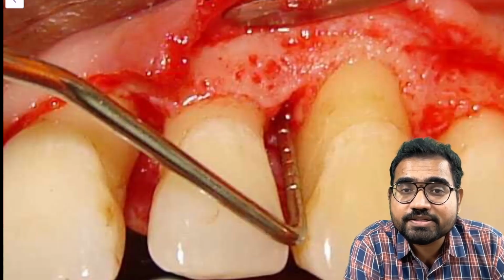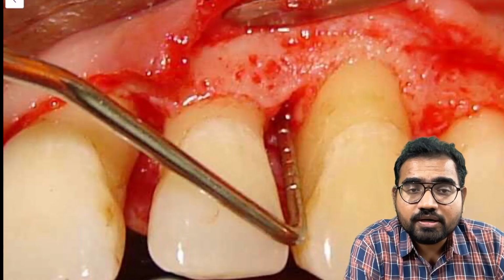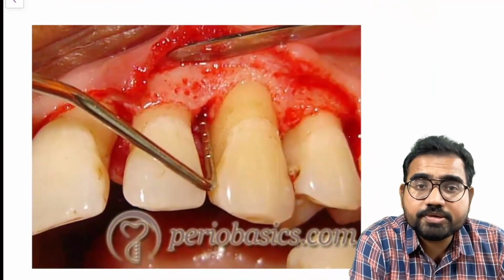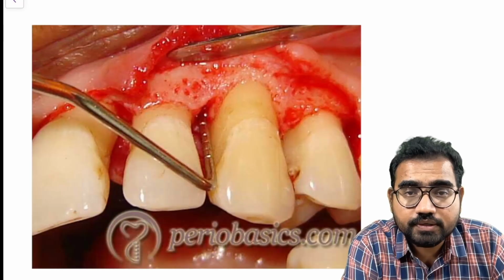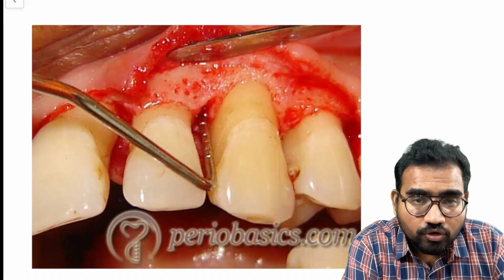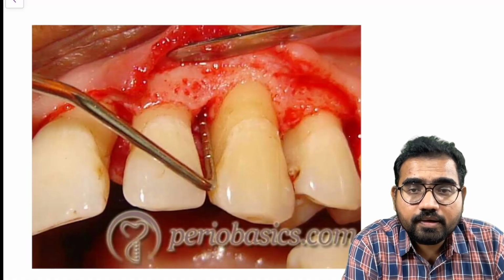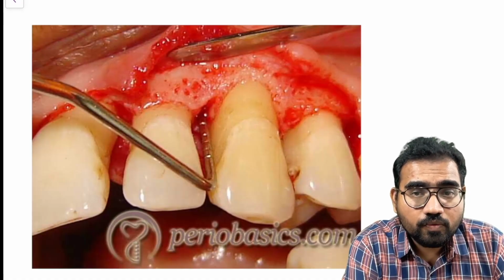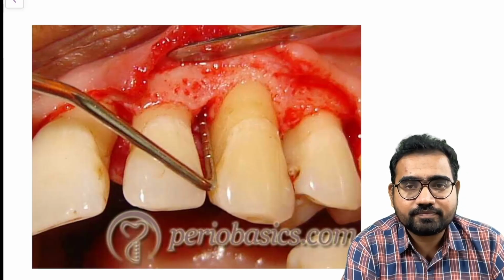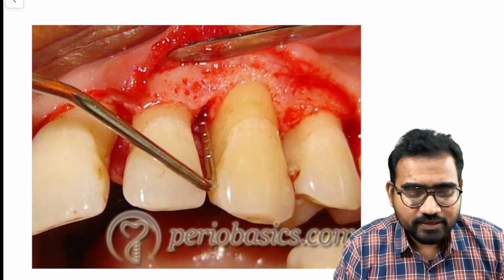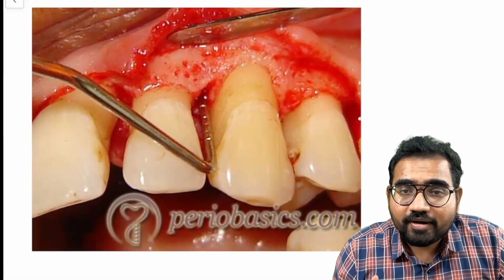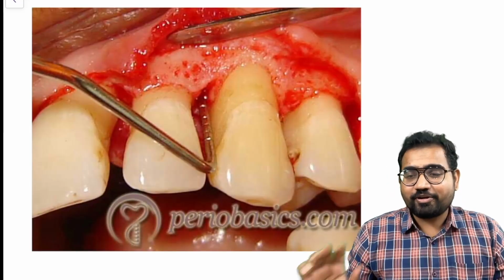If you consider the canine, the mesial wall of the canine is destroyed and the distal wall is safe. In this kind of case, where the other walls are present and only one wall is destroyed, this is called a one, two, or three wall defect.